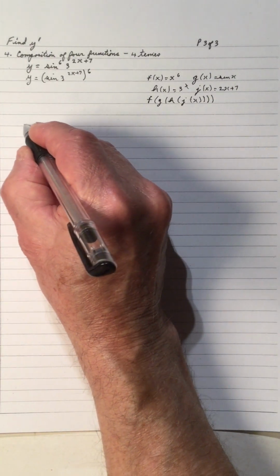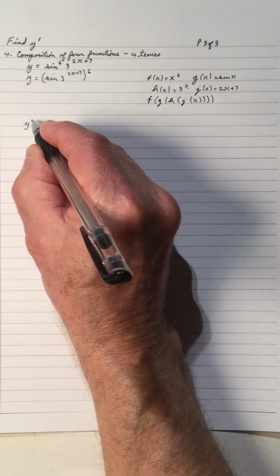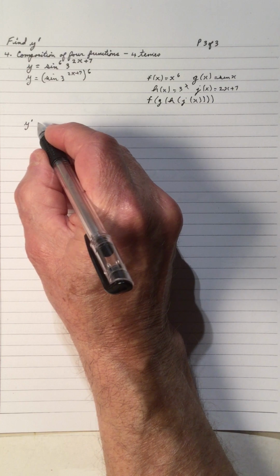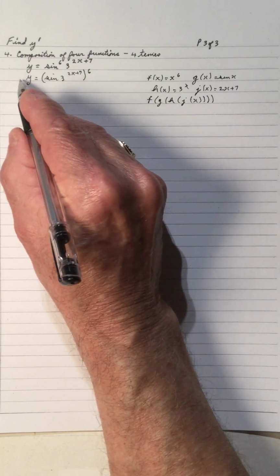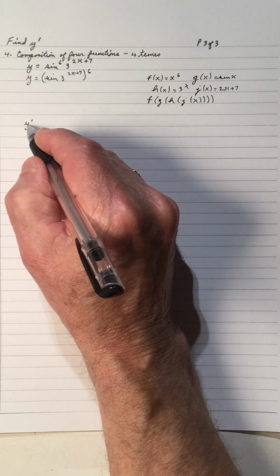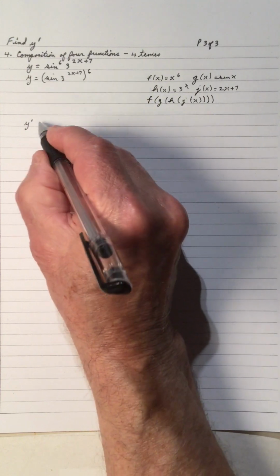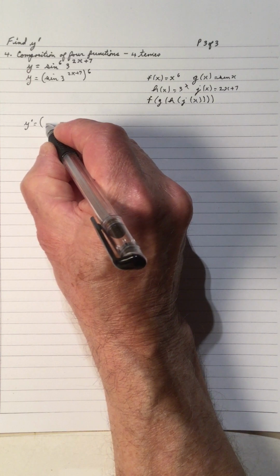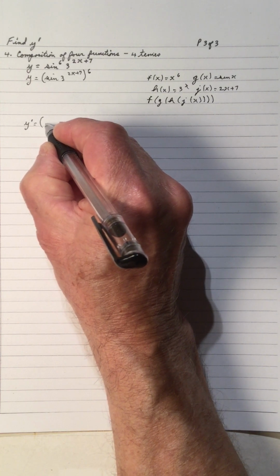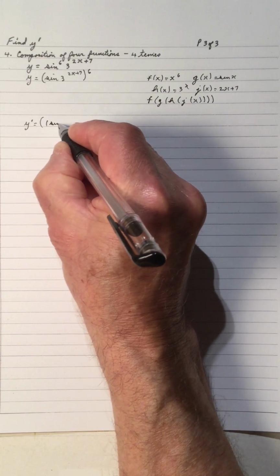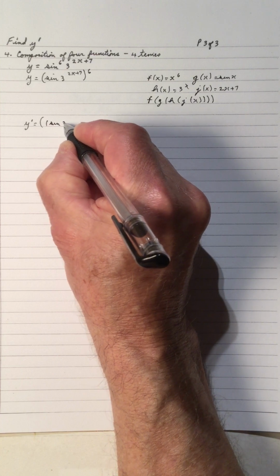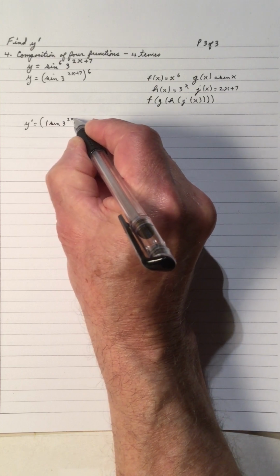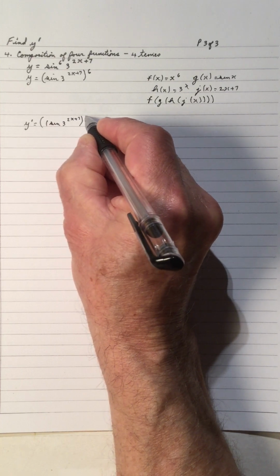So therefore, y prime, which is d dx or dy dx, we do d dx on the y, which gives us this, and we do d dx here. So we take the whole function, and we get the derivative of the sine 3 2 to the x 7. So there it is.